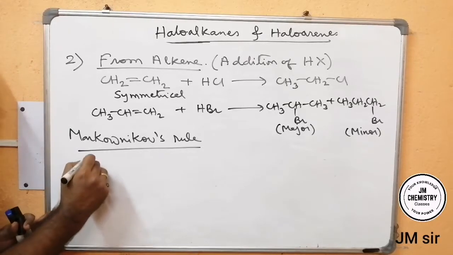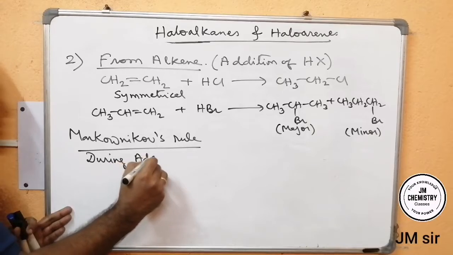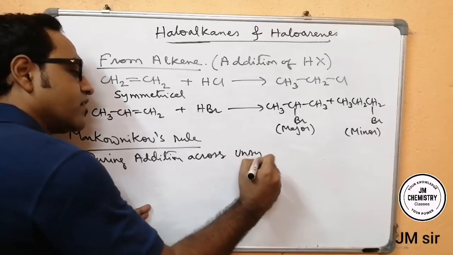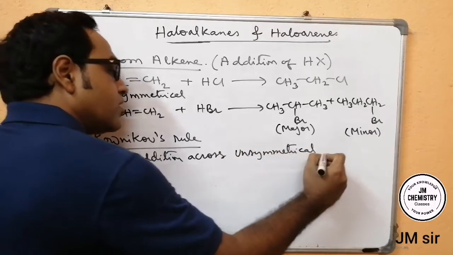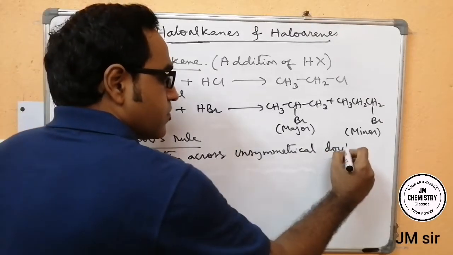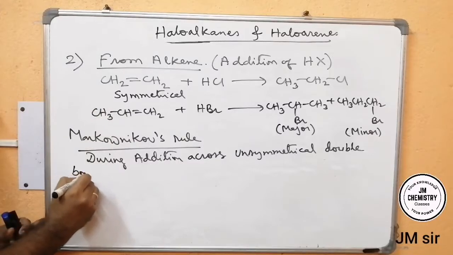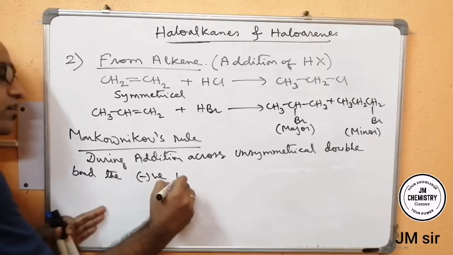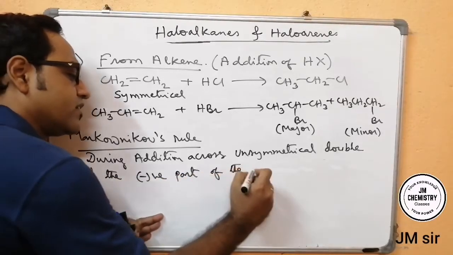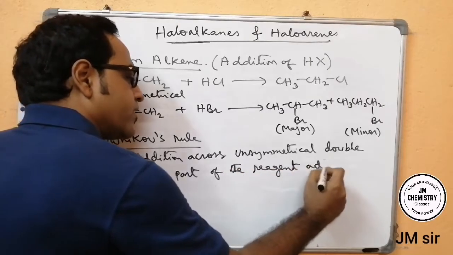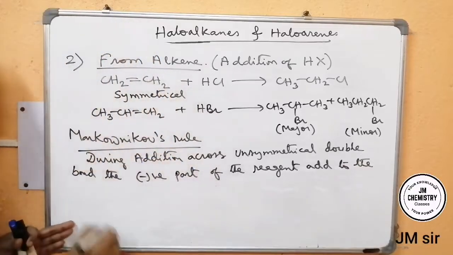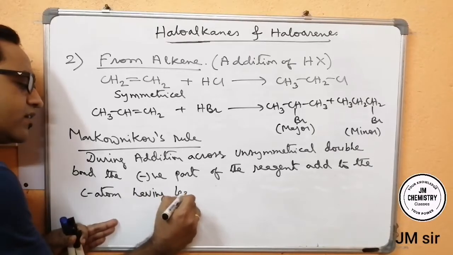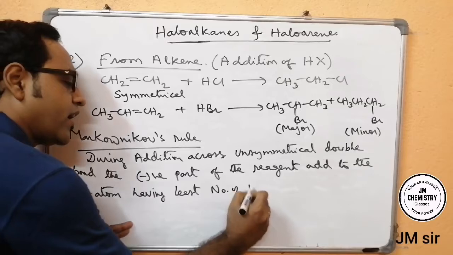The rule states that during addition across an unsymmetrical double bond, the negative part of the reagent adds to the carbon atom having the least number of hydrogen atoms.